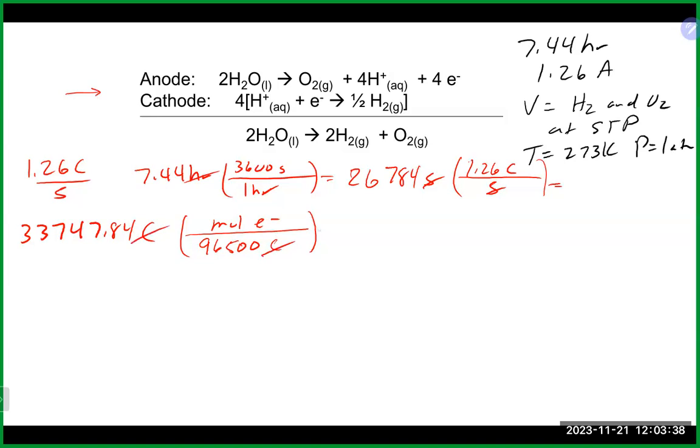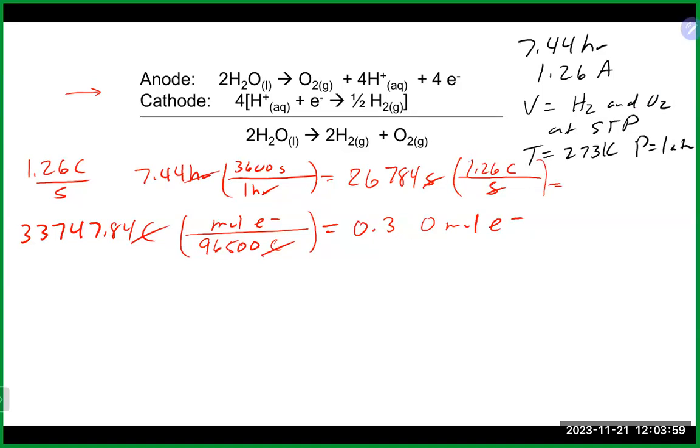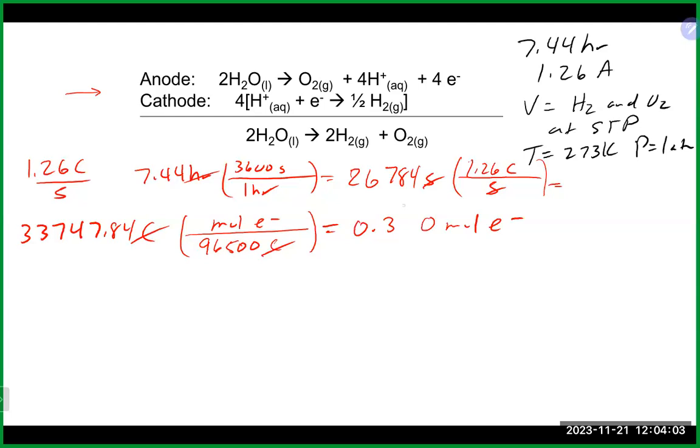The coulombs will cancel, and that's going to end us with 0.3450 moles of electrons. Any questions up to that point? So really the front part here is just sort of the work so that you could get it into those electrons so that you then can use your balanced half reactions to finish up the problem.